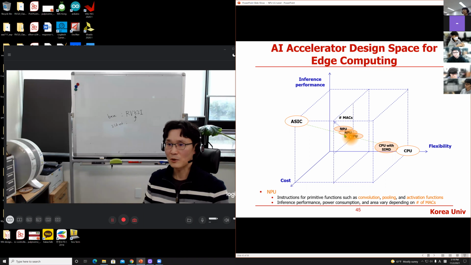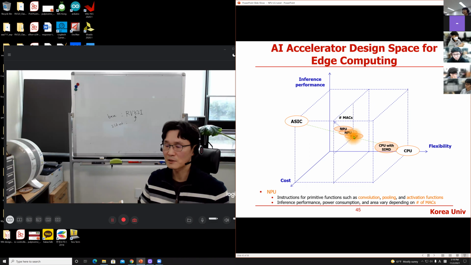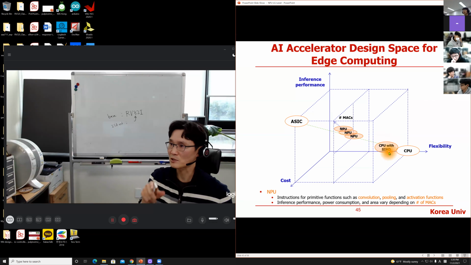So people use the NPU approach, right? It provides instructions, and by mixing those instructions, you can run any different DNN models. So there is a spectrum from software to pure hardware, and in between, you can implement special instructions like SIMD and also the shuffle instructions.